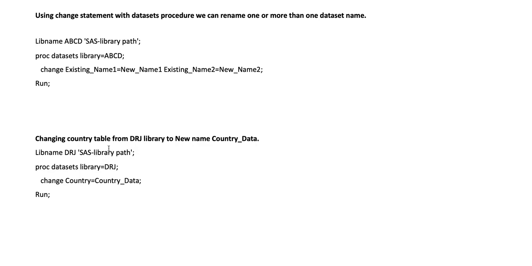Here is the SAS libname path. The code is proc datasets library equals to drj. Change country to country underscore data. Run. When we run this code, the country table name will change to country underscore data.